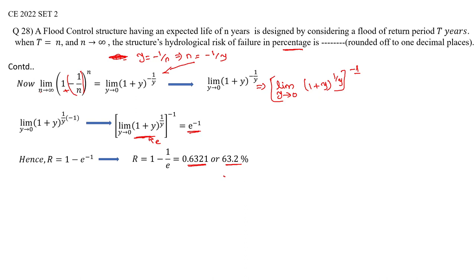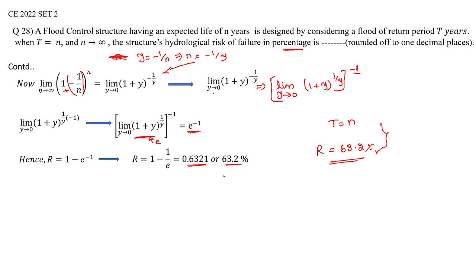Okay, so this is a result you can always remember: when T equals n, the risk will be equal to 63.2%. This is a standard result, because many times you may forget this limit result, so maybe you can learn this by heart.